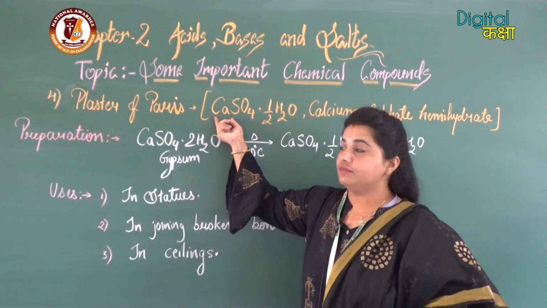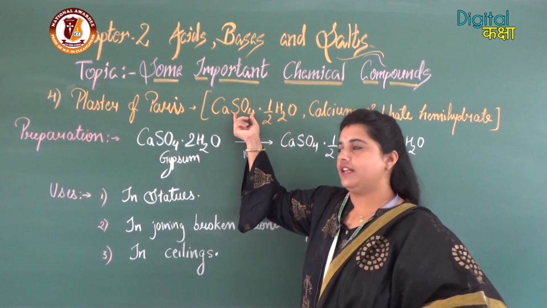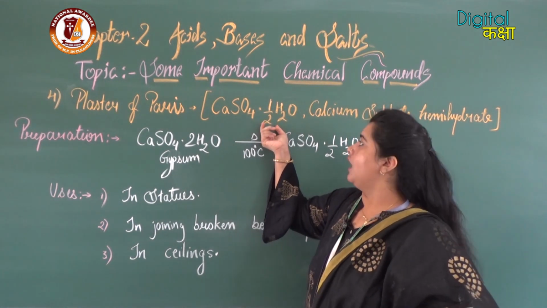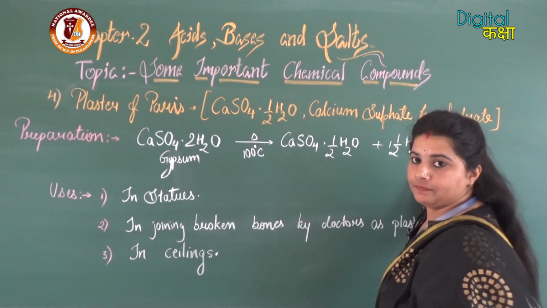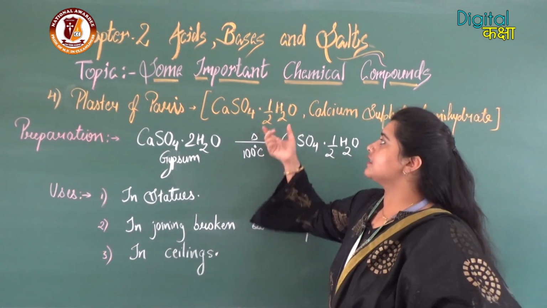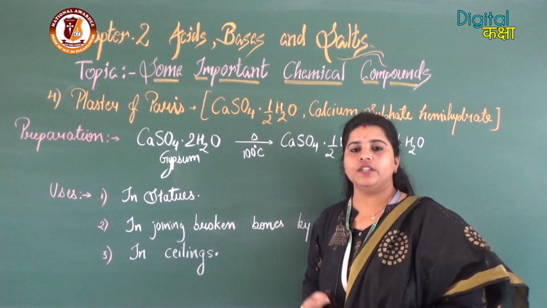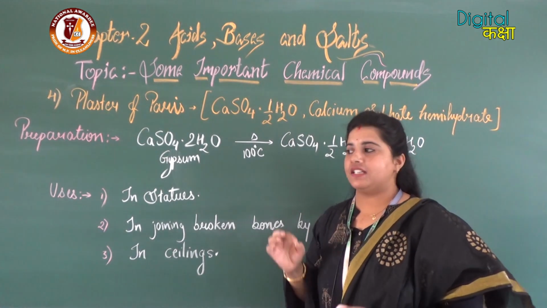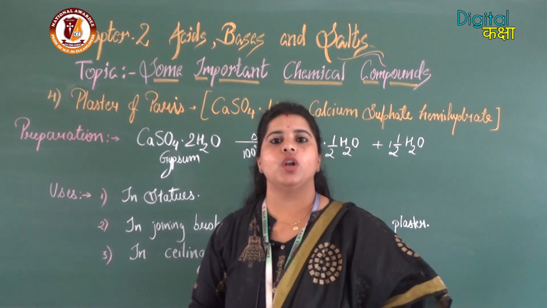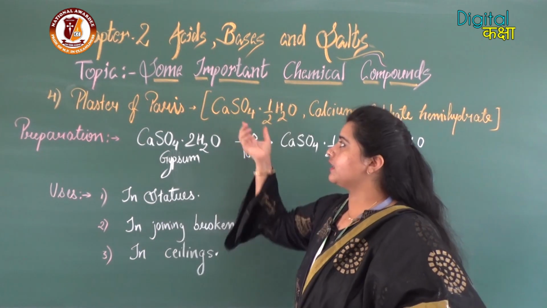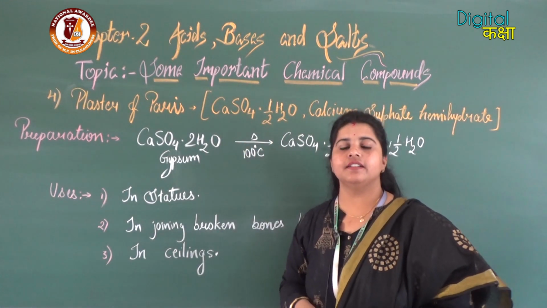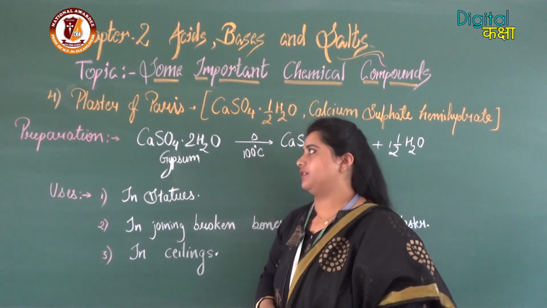Ca calcium, SO4 sulfate, dot 1/2, that is half we call hemi, and H2O, that is hydrate. Again, this half H2O is water of crystallization. It has some moisture in it, and if we keep it in the open for a long time, it may lose its water of crystallization and form anhydrous calcium sulfate.